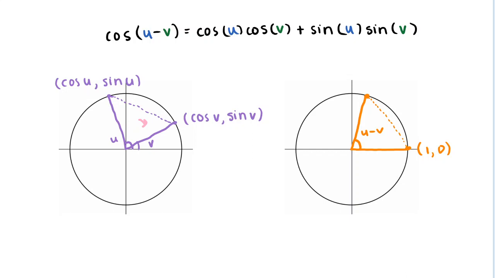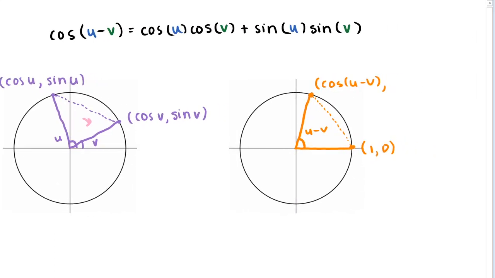And this point, by the same idea of how we determined the points in the previous example, is going to be cosine of u minus v, comma, sine of u minus v. So that's the position of our point on the unit circle at an angle of u minus v, from this same triangle just rotated back an angle of v.